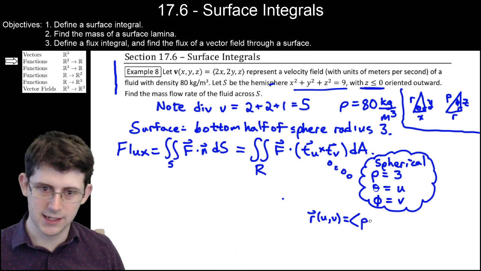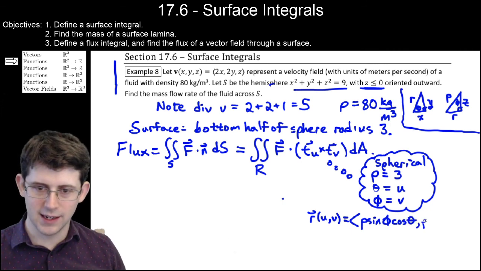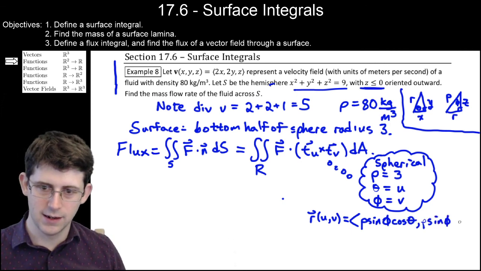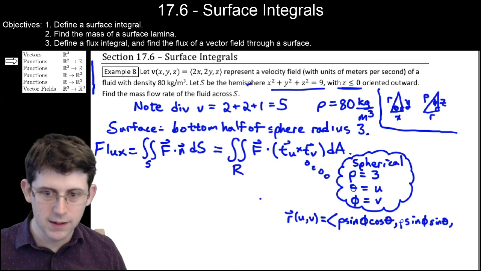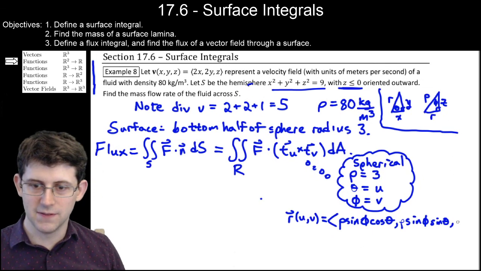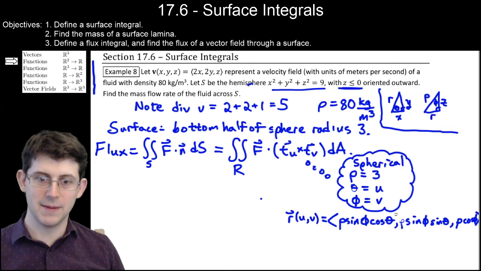So here's r cosine theta. And then here's r sine theta. And then z is rho cosine phi. So this is my parameterization, but rho is 3, theta is u, and phi is v.